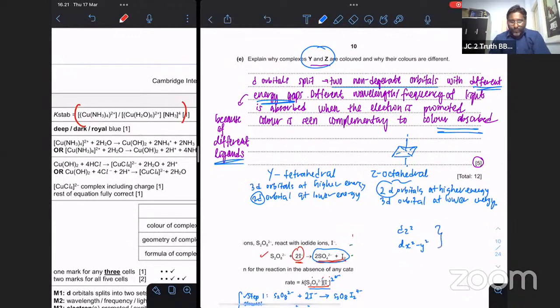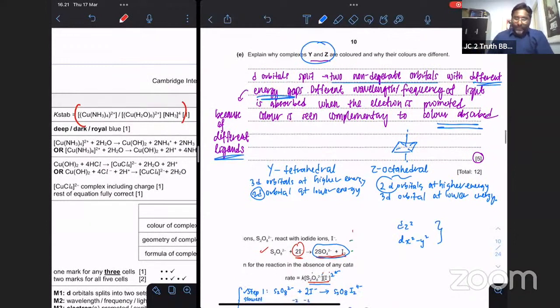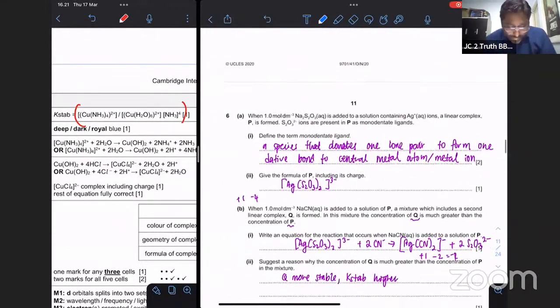These are the dz squared and dx squared minus y squared, the 2 d orbitals that are slightly different. So please go through this, because in the March paper, paper 42 March 2021, they did ask a question on this. So we are expecting this to come out also in your paper in 2022. Let's move on further.